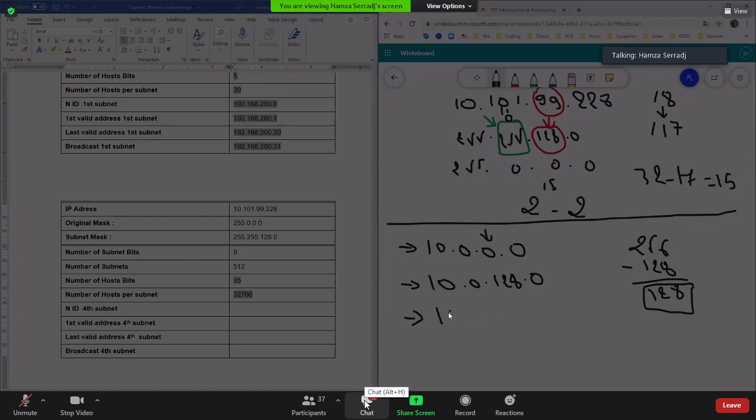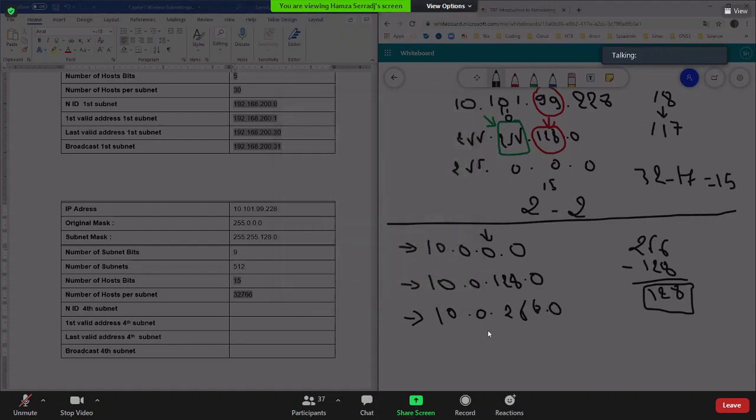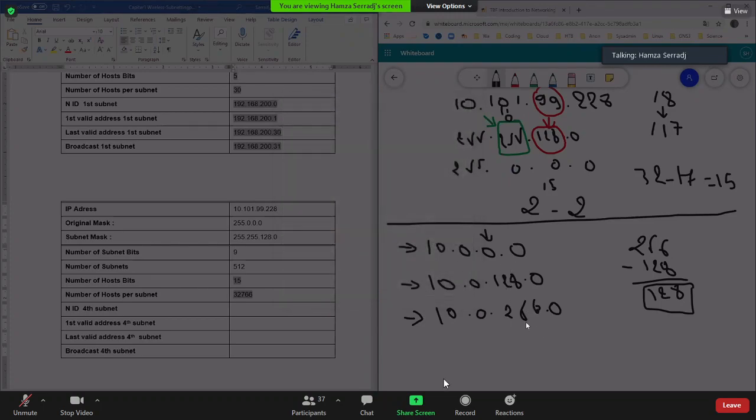Third one, 10... So if I increment 128 again here, which number am I gonna have? If I increment again on the third position, I'm gonna have 256. Is it correct? Because if I add 128 plus 128, I'm gonna have 256. And you remember what I told you? It's just like seconds, minutes, hours, and so on.